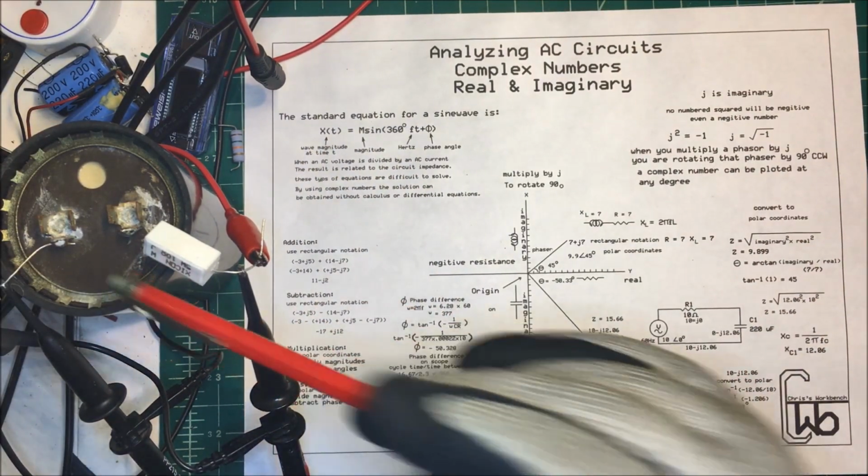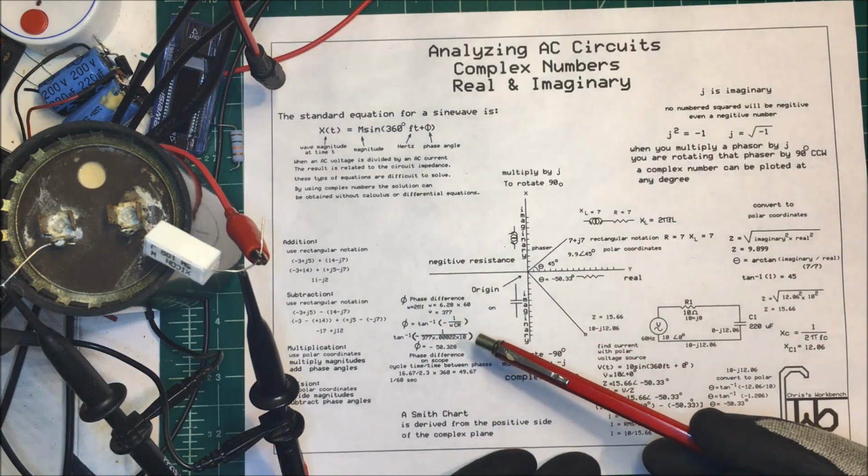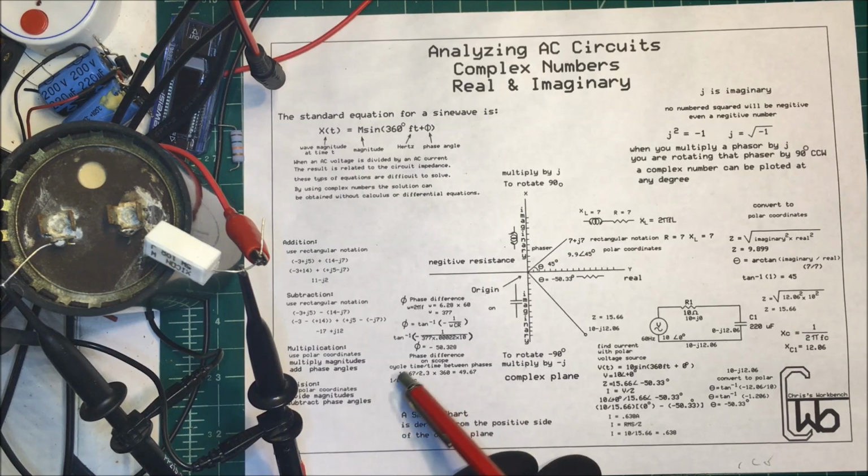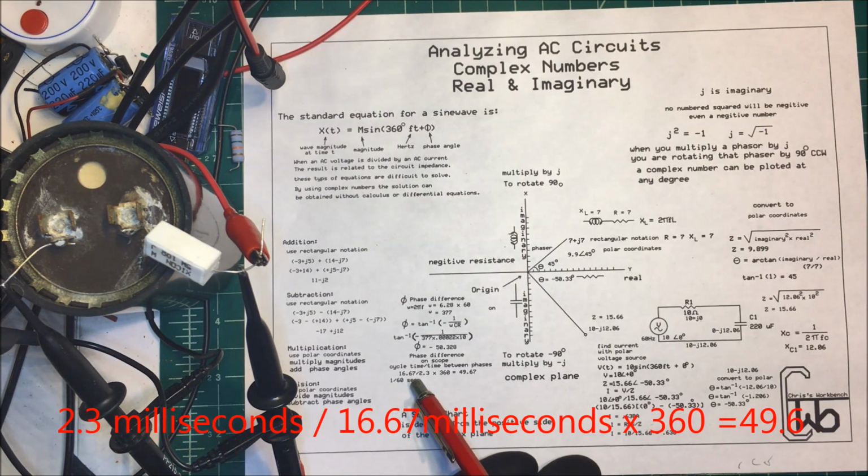Now I put this on the scope, and I want to find the phase difference. Okay. So in order to do that, we take the cycle time. It's 60 hertz, right? So from peak to peak, it's going to be 1/60th of a second. So that's going to be 16.67 milliseconds.